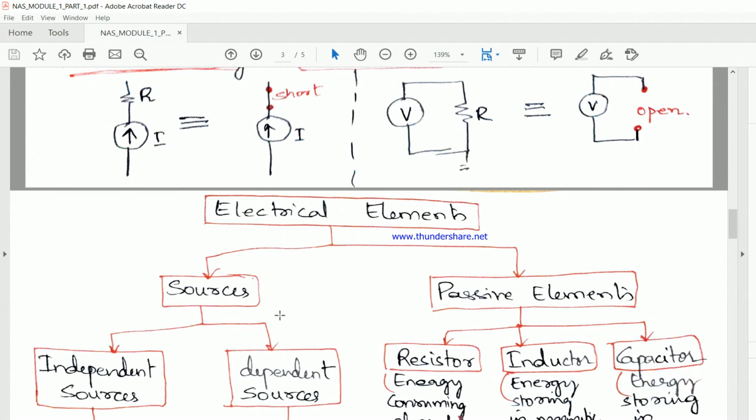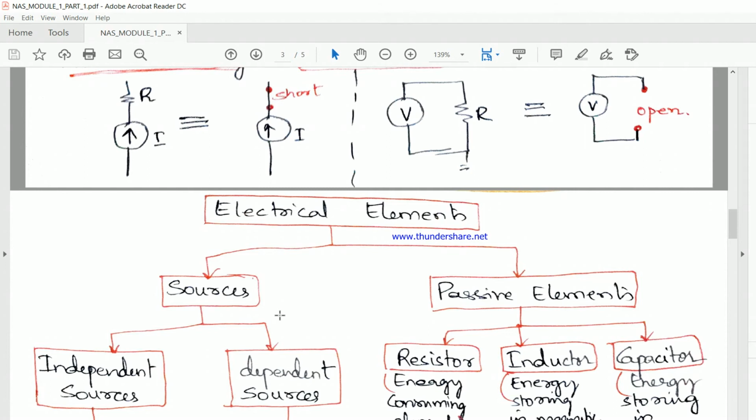What are the sources available? One is independent sources and the second is dependent sources. Independent sources are not dependent on any other parameter. Dependent sources are dependent on other voltage or current. We'll see an example for that.